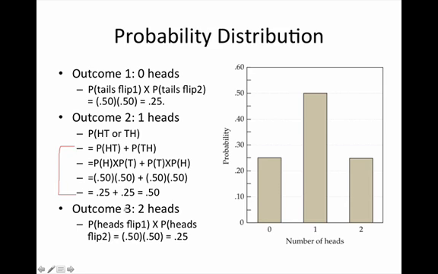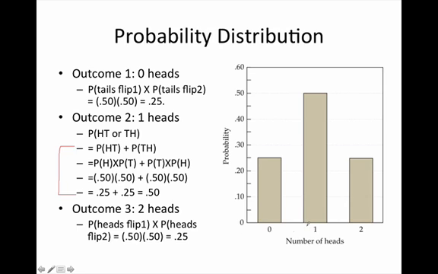And then the third outcome is the probability that both of my flips are going to be heads, in which case I'm looking at heads at flip 1, defined by 50%, times the probability of heads at flip 2, which is also 50%. Multiplying these two together, I get a 25% probability.